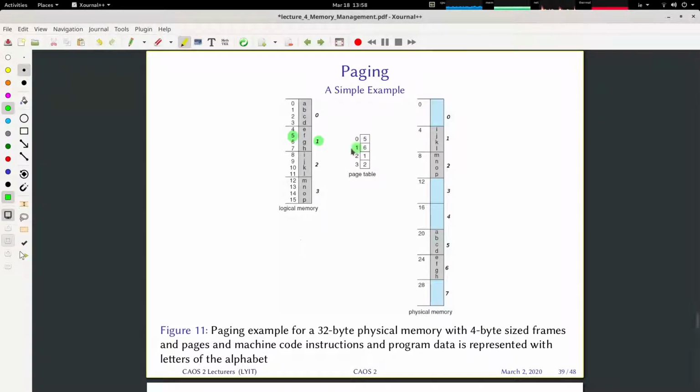We look up page 1 in the page table, and we see that it's mapped to frame 6. Frame 6 is down here, and you can see that the contents of logical address 5 are F, and when we look down here, this is memory address 25. So the mapping that we're looking to achieve is logical address 5 mapped to physical address 25.